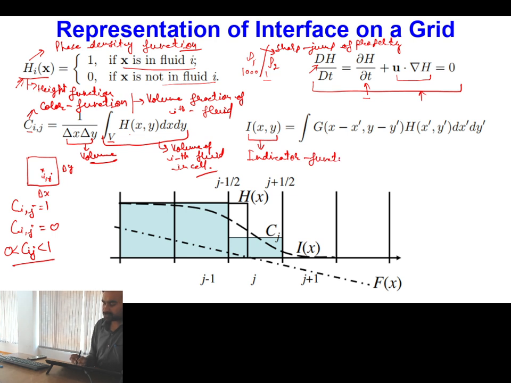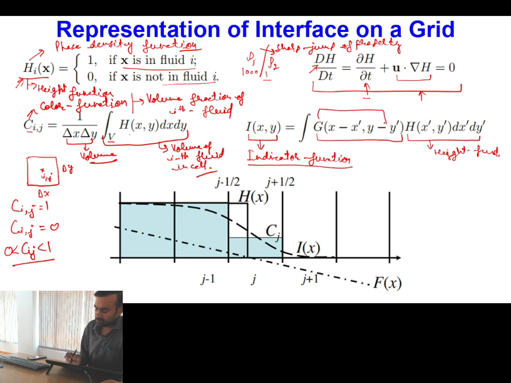The indicator function is nothing but the integral of g(x minus x', y minus y') times h(x', y') dx' dy'. What is h? This is my height function, and g(x minus x', y minus y') is known as the smoothing function.